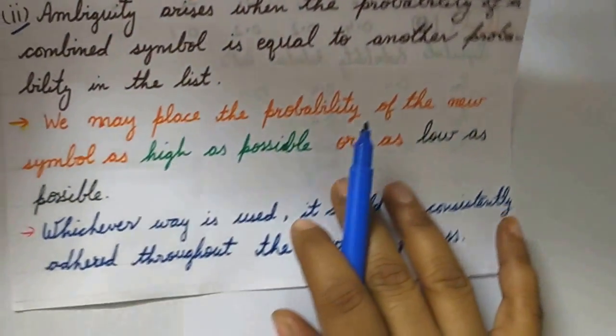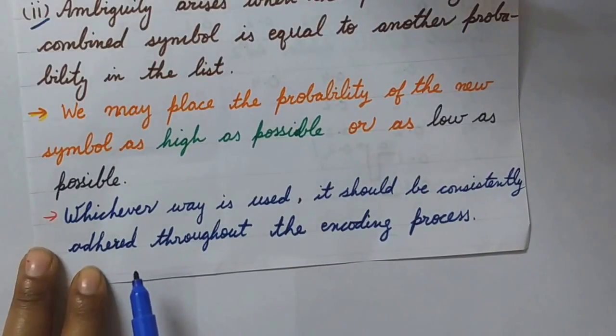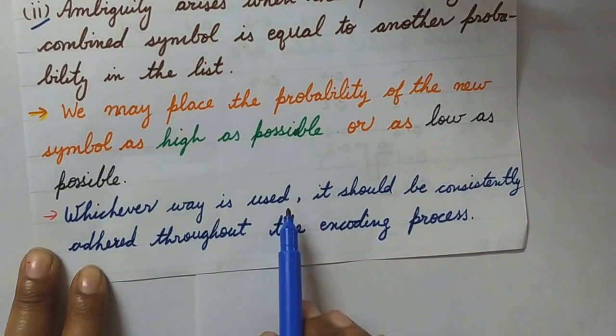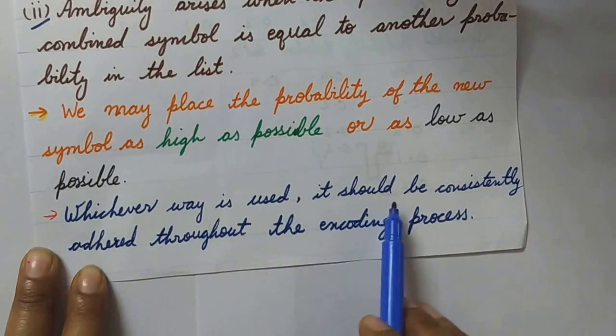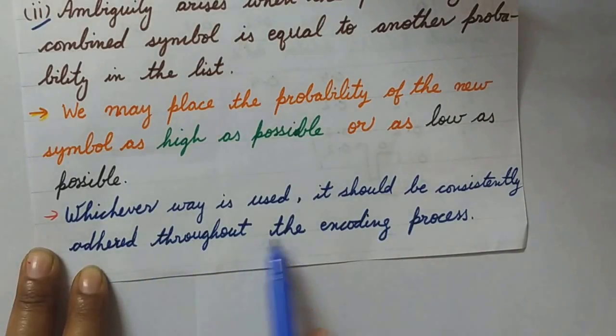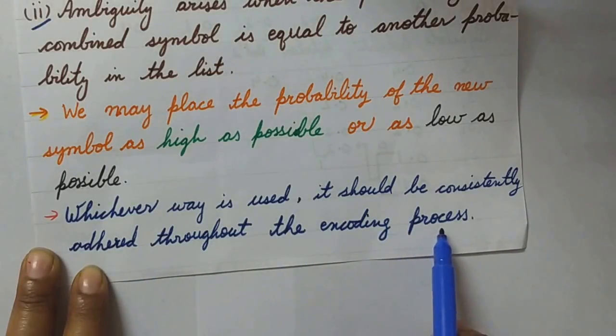Now, the next point says that whichever way is used, whether you are going to put it above the same valued probability or below it, it should be consistently adhered to throughout the encoding process.